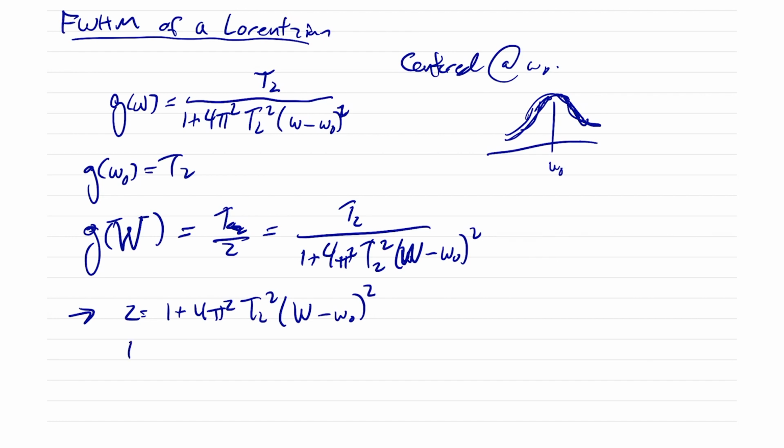So you get 1 divided by 4 pi squared T2 squared is equal to W minus little w naught, squared.